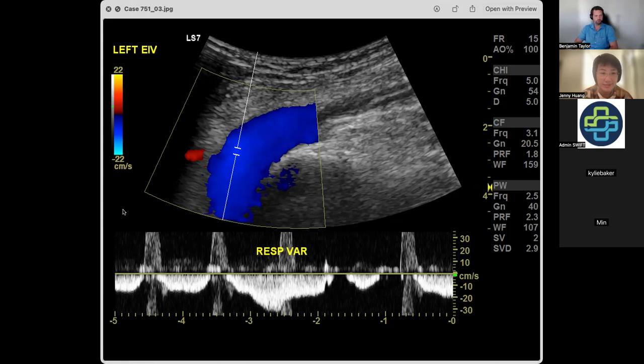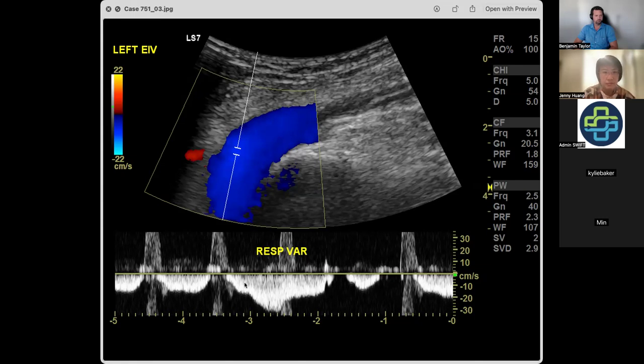I think what this is demonstrating, when we're looking at the very bright part of the trace, is that we're seeing respiratory variation. Then in the broader section of the flow that's going away from the probe, we've asked the patient to do a Valsalva and hold the breath and augment that.